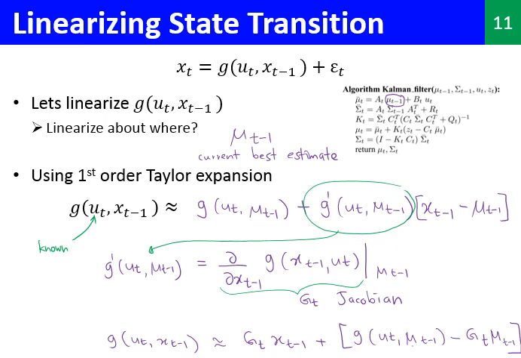Okay, so the operating point or the linearizing point was mu t minus 1, which was the current best estimate. Understood?